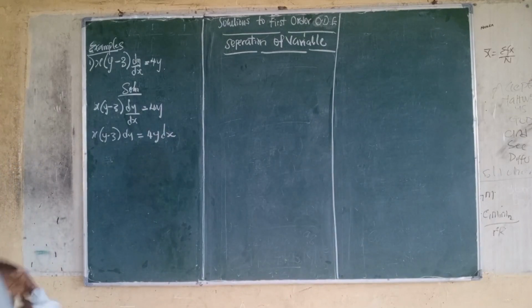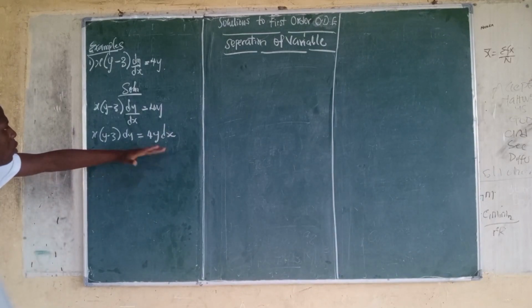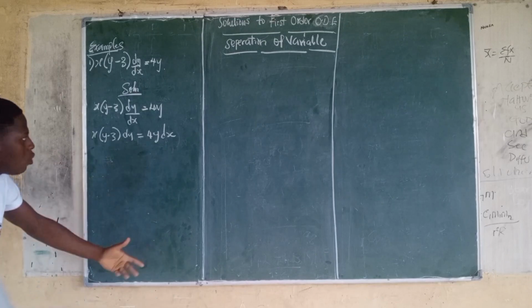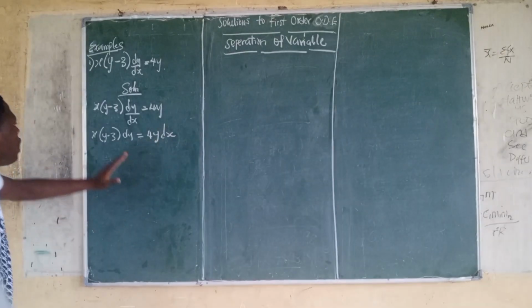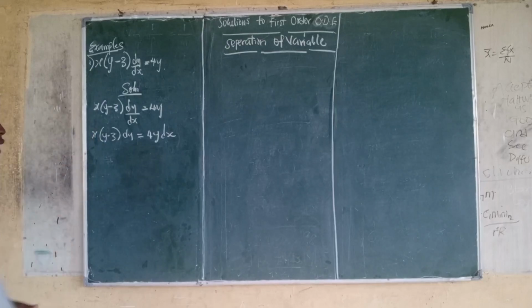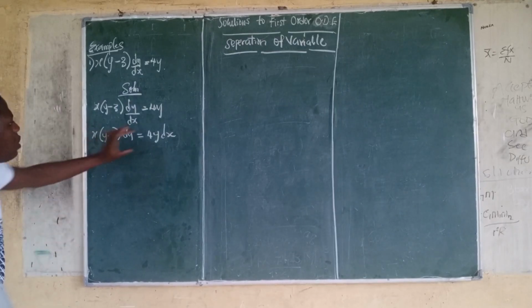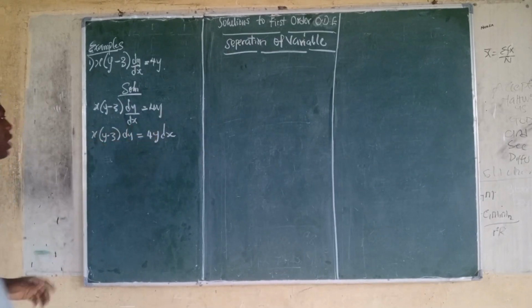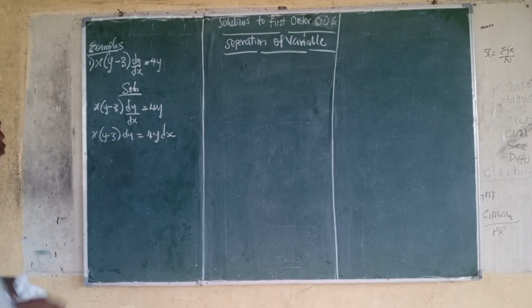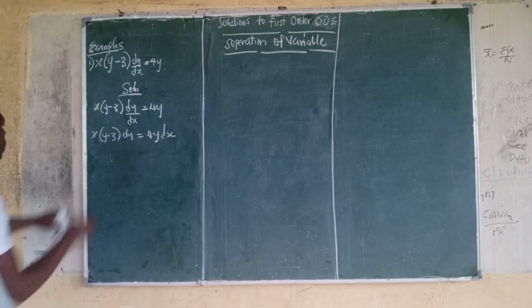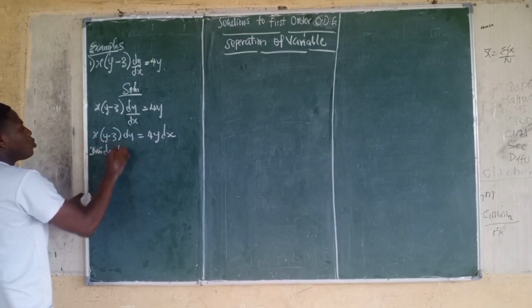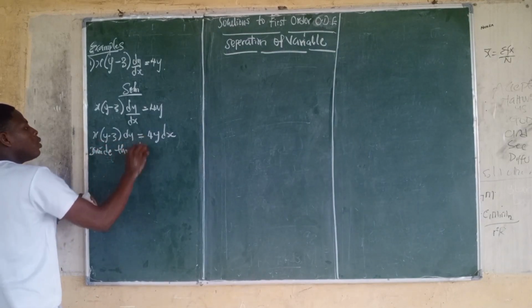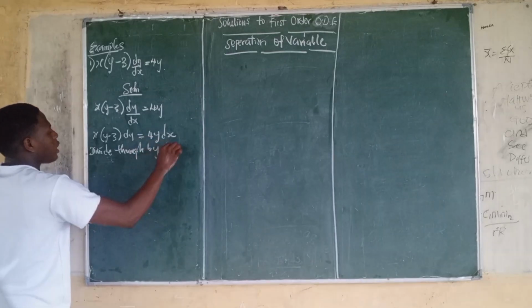What's the next thing? We are not done grouping them. We can still group them because we have 4y on the right hand side of the equation, and we still have x on the left hand side. So can we take this x to the right hand side? Yes. We divide through by x.